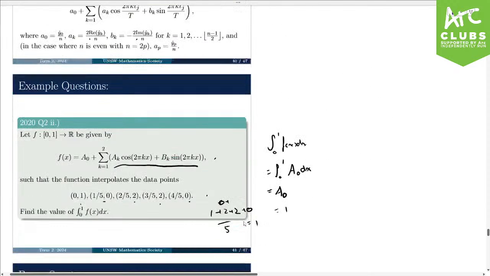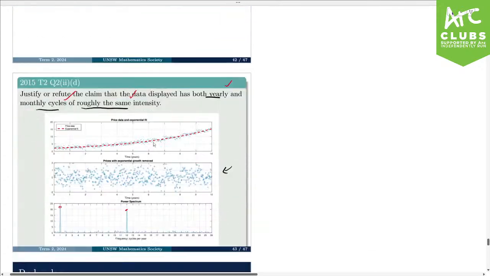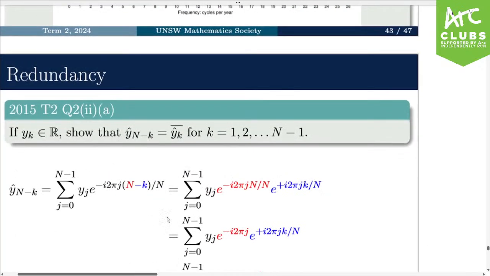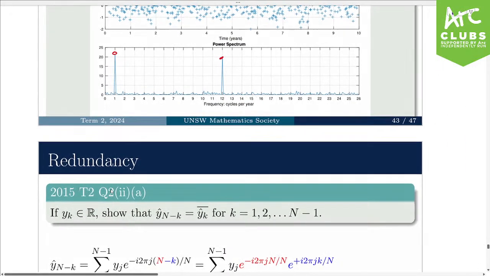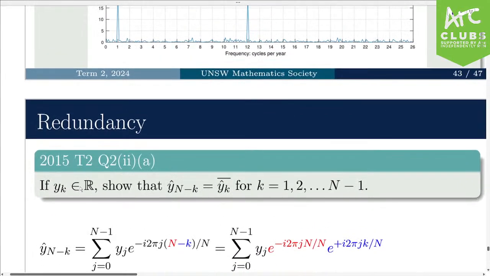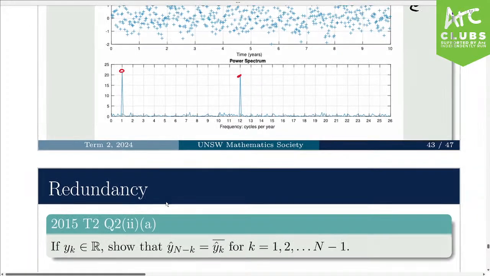And the next example question we'll do is about the property of the discrete Fourier transform of real values. So we want to show that half of the transformed values are just conjugates.